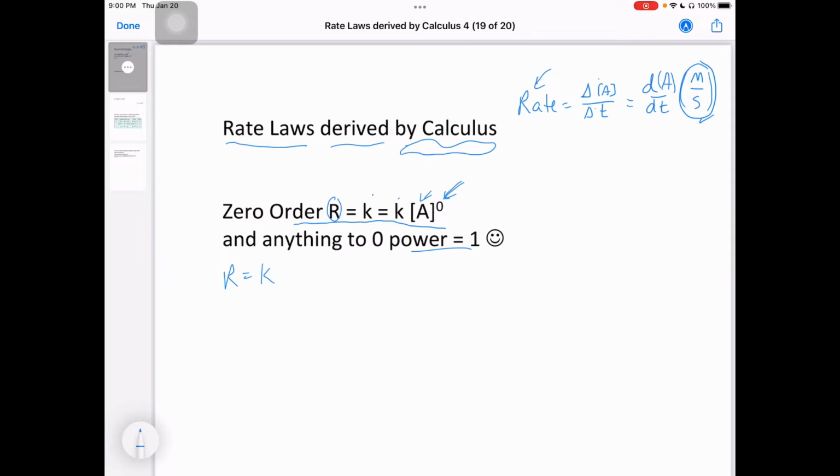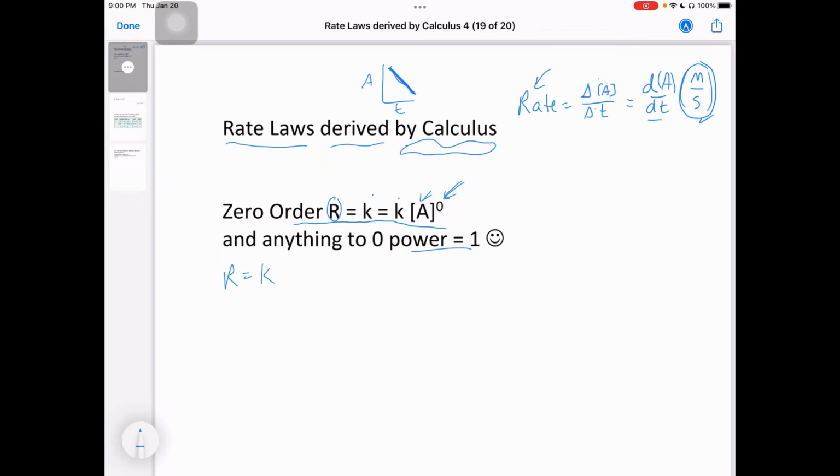And what is R? It's a change in concentration versus time. And just to keep my signs right, if I insert a graph of this A versus T, it's going to look like a straight line, which is why I'm probably going to insert a picture of it. And it's a negative slope.